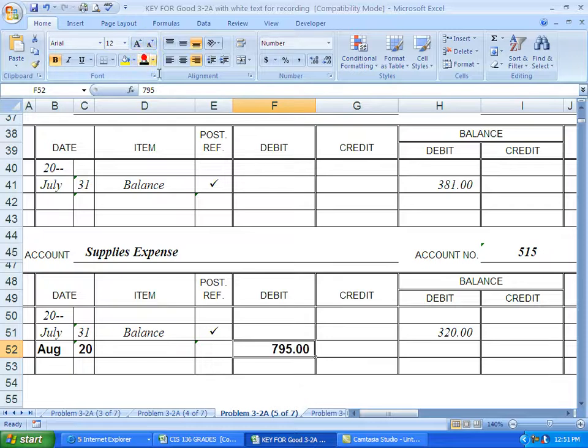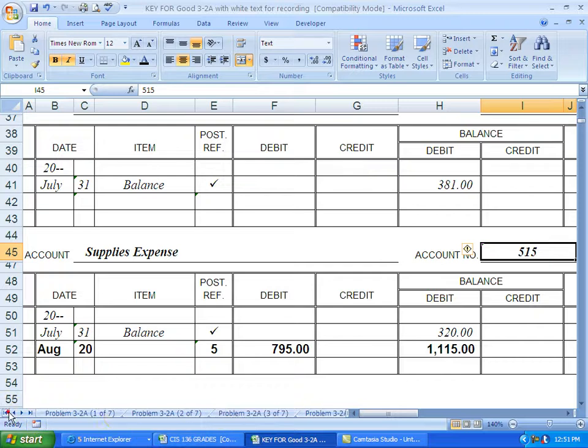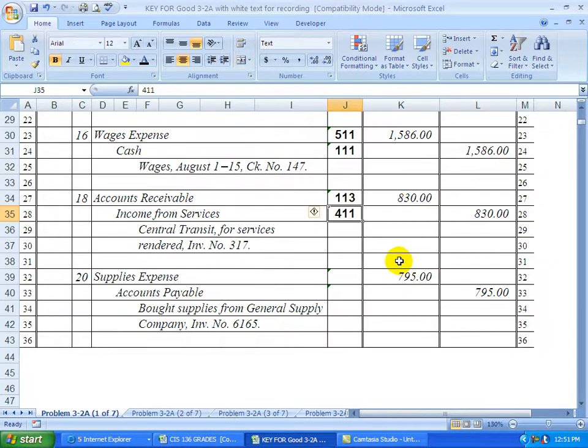The debit of $795. Here's a debit balance that we're debiting. When you debit a debit, you add. Now we're up to $1,115. Came from page 5. Take 515, go back to the journal and record it here to show that you've done it.